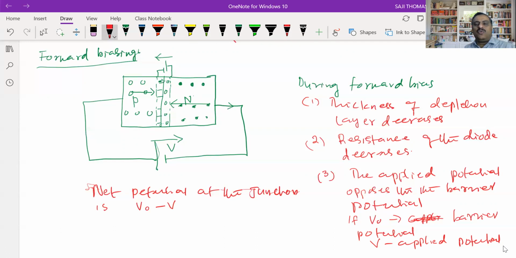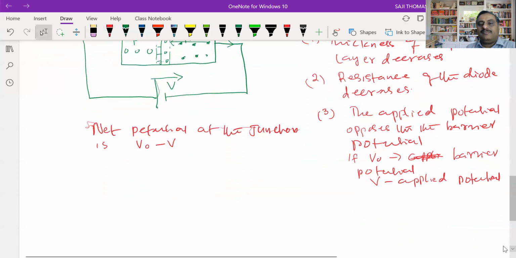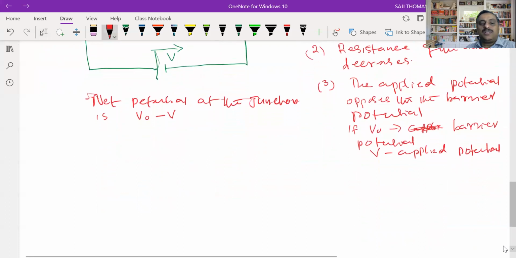So when you apply forward bias, what happens? The barrier height decreases, net potential decreases. So during forward bias, what will happen to the barrier height? Decreases. What is barrier height? The potential difference across the junction is known as barrier height.